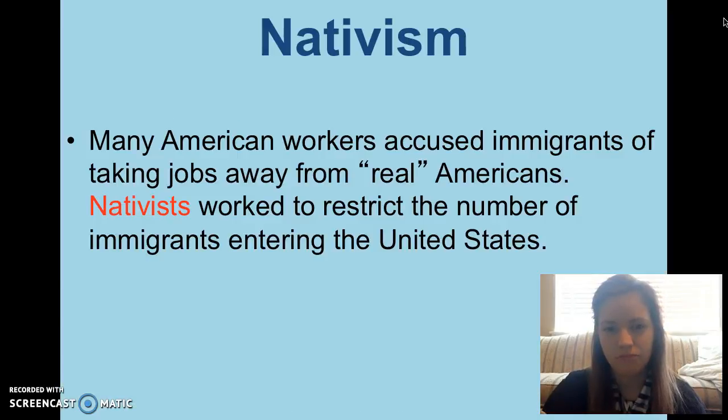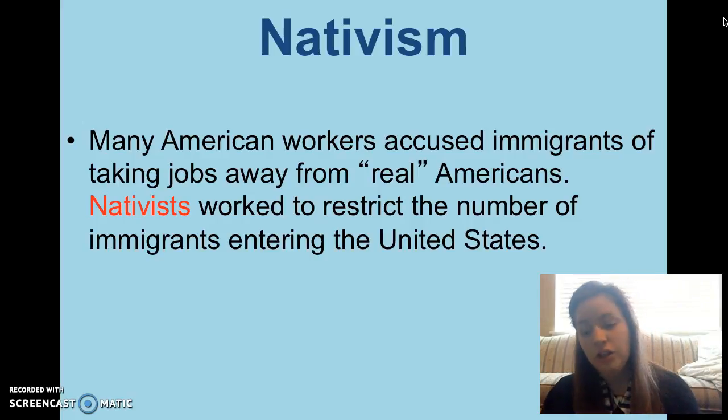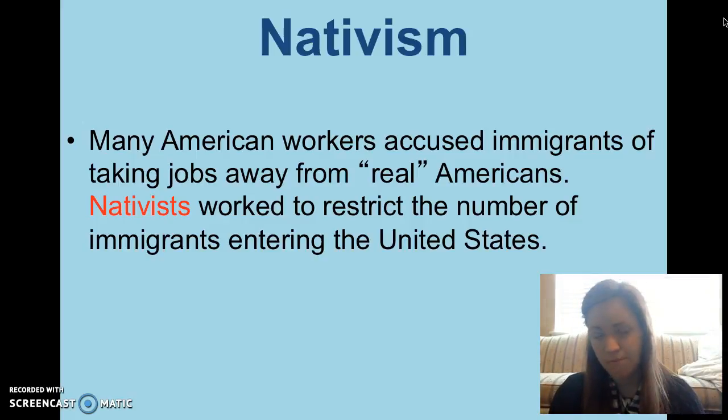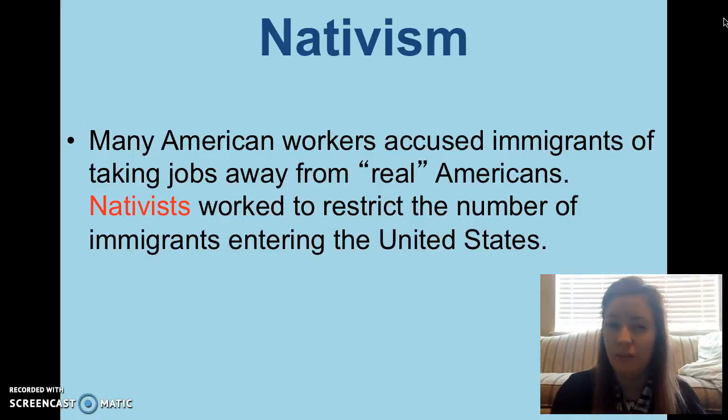Okay, so many American workers accused immigrants of taking jobs away from real Americans. Nativists work to restrict the number of immigrants entering the United States. We see this a lot today as well, how people don't like the idea of immigrants coming, particularly from Mexico, because they are stealing our jobs.